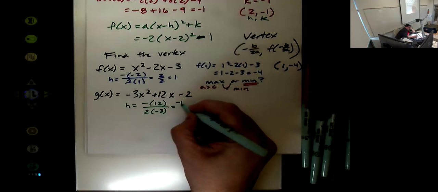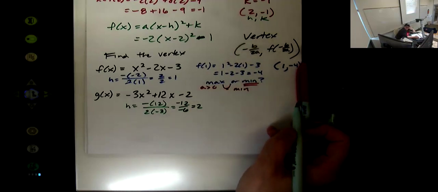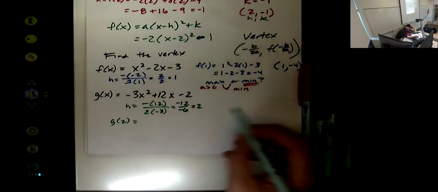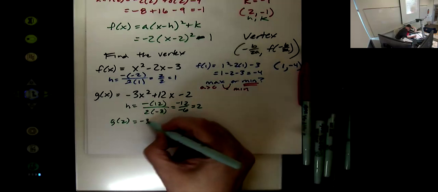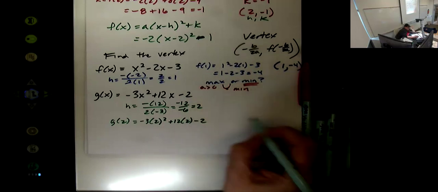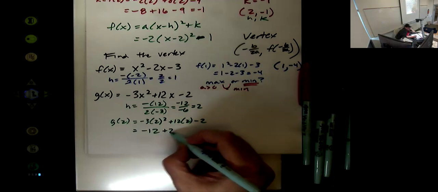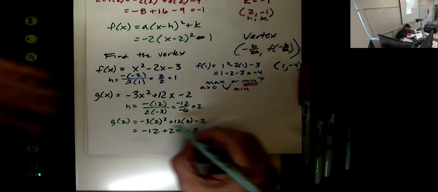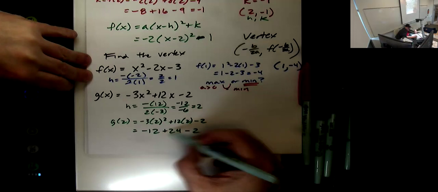So -12 over -6 is 2. G of 2 is 24 minus 12 is 12 minus 2 is 10.